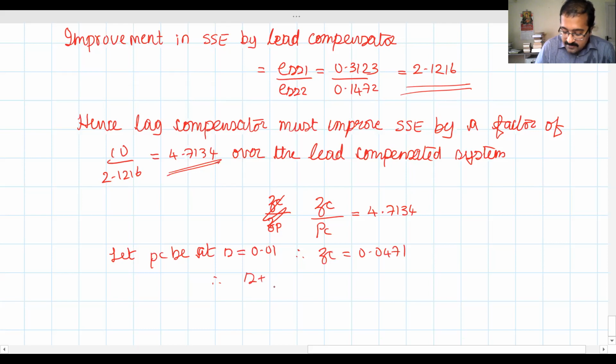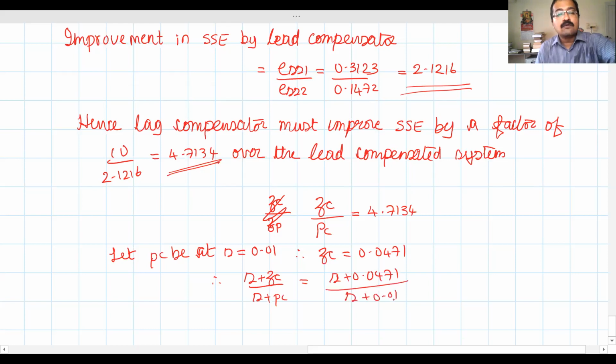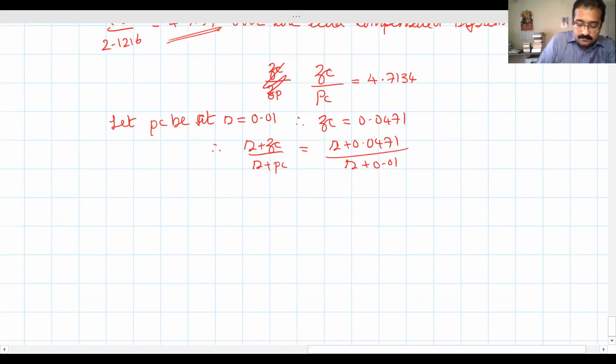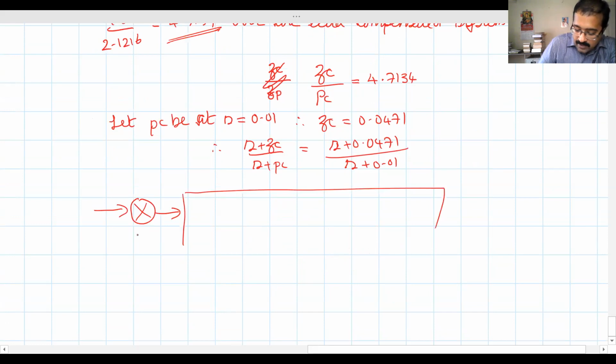So what will be my transfer function now? S plus ZC by S plus PC. This is for a lag compensator. It will be S plus 0.0471 divided by S plus 0.01. Okay, so what will be the total system now? This is the plant.